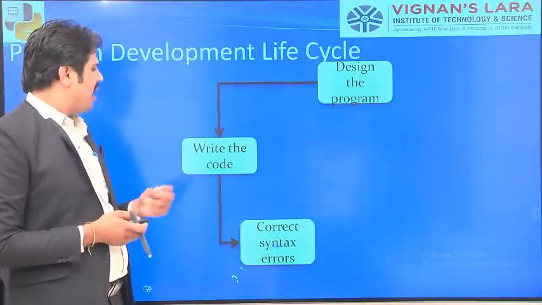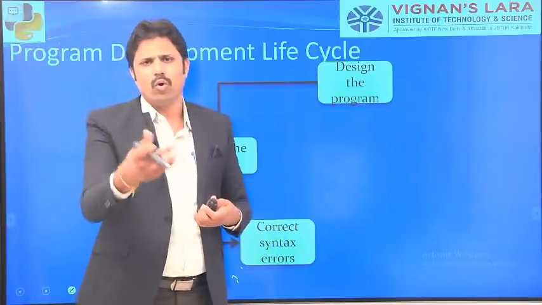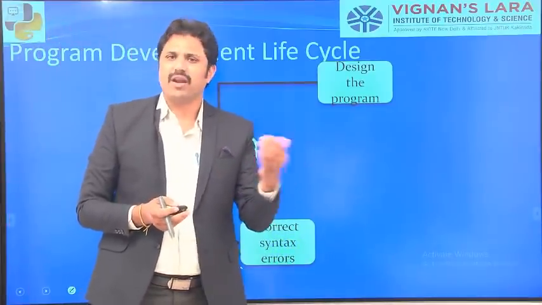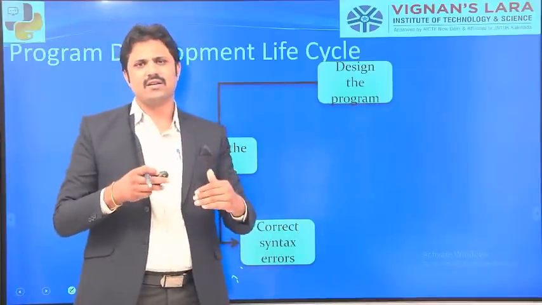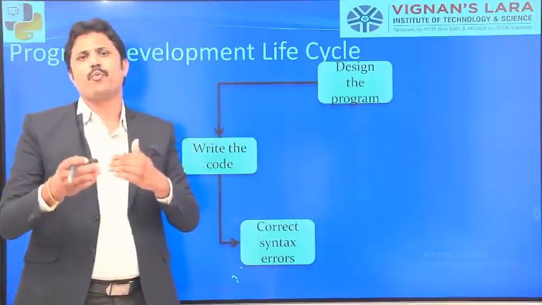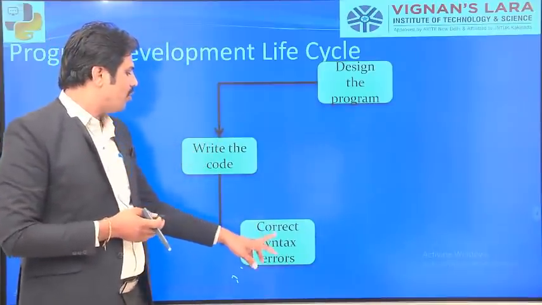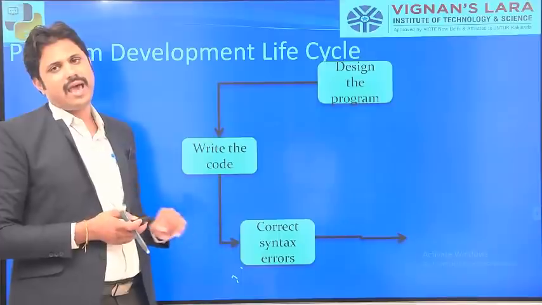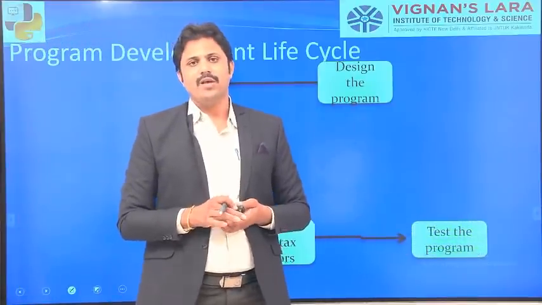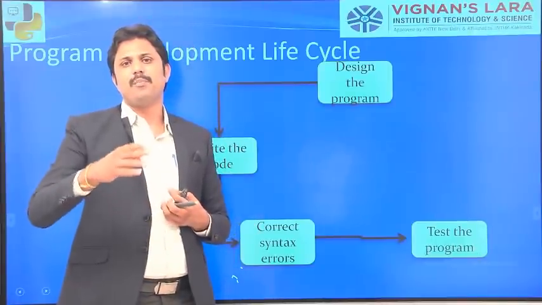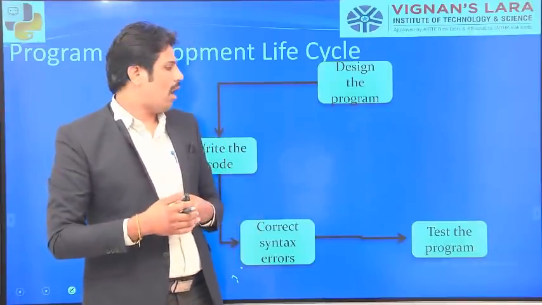Next one, whenever you write the code, it needs some corrections. If you write code, there must be some syntax errors, different types of problems you may get. So you must correct the errors. After error correction, test the program. You test the program in the outside world.